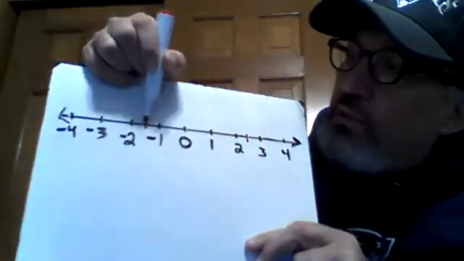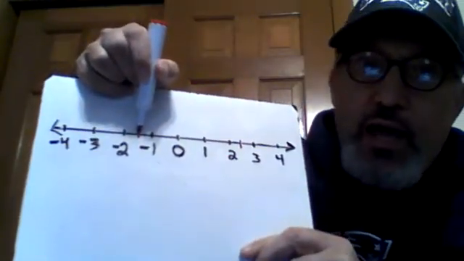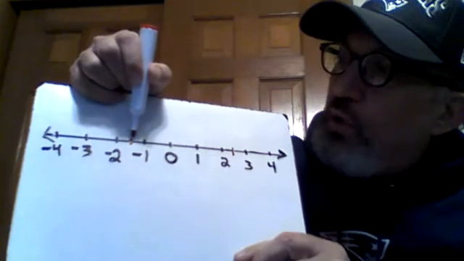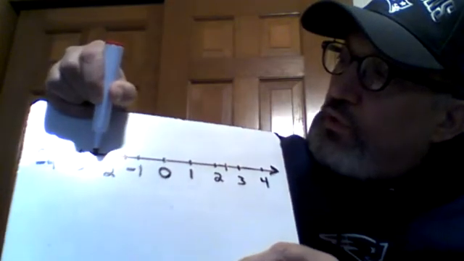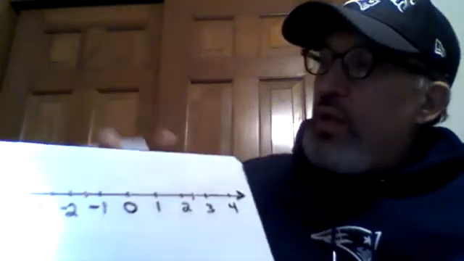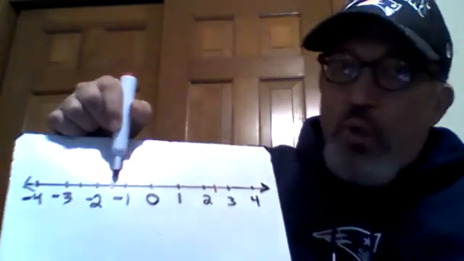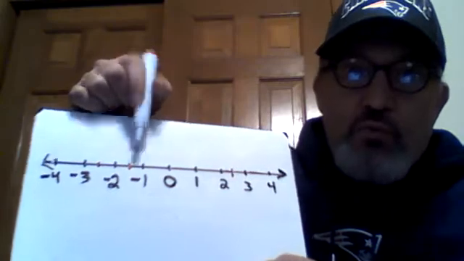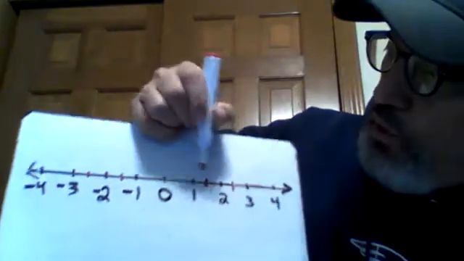Why is this -1, and why is this point here -1.5 rather than -2.5? -2.5 is over here, halfway from the -2 to the -3. And the reason that this is -1.5 is because it's the opposite of 1.5. If we go to 1.5, that is 1.5 units to the right of 0.